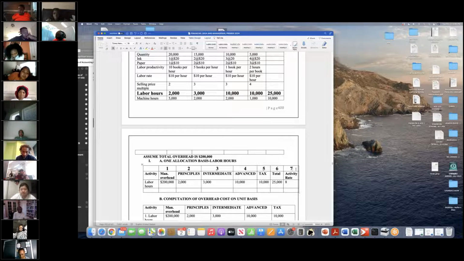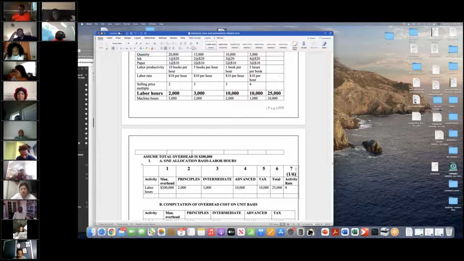By dividing 1 by 6. That's how we get the activity rate. Does everyone see that now? Yes. Oh, we got it now.